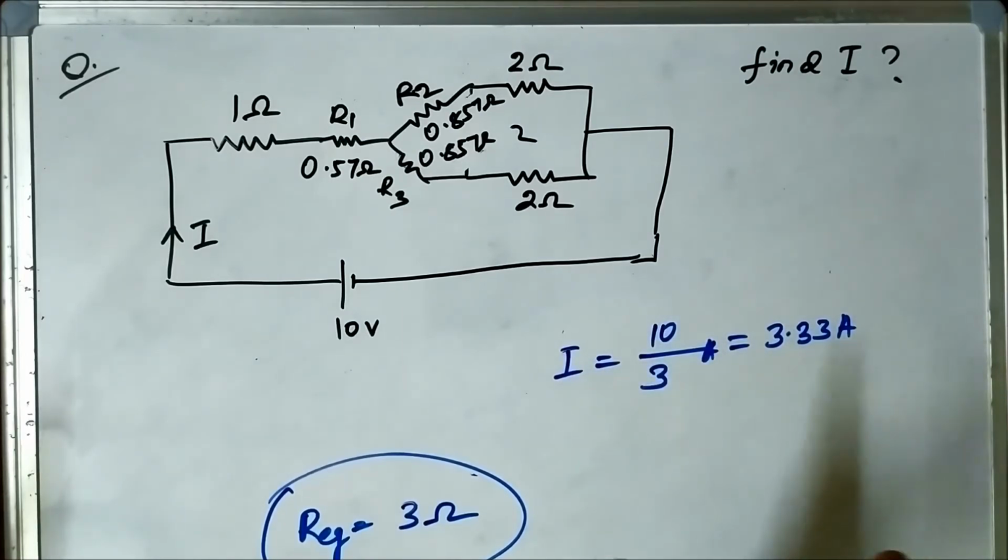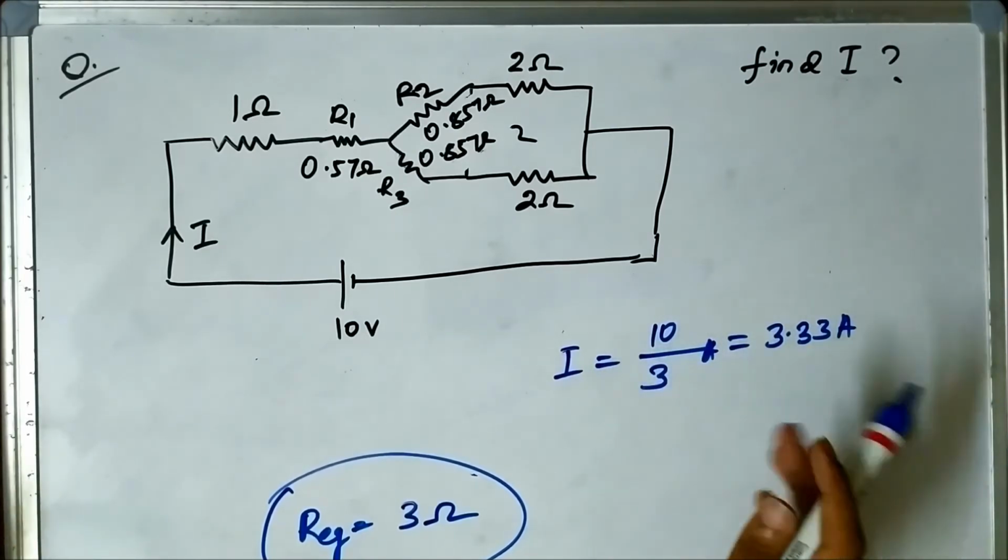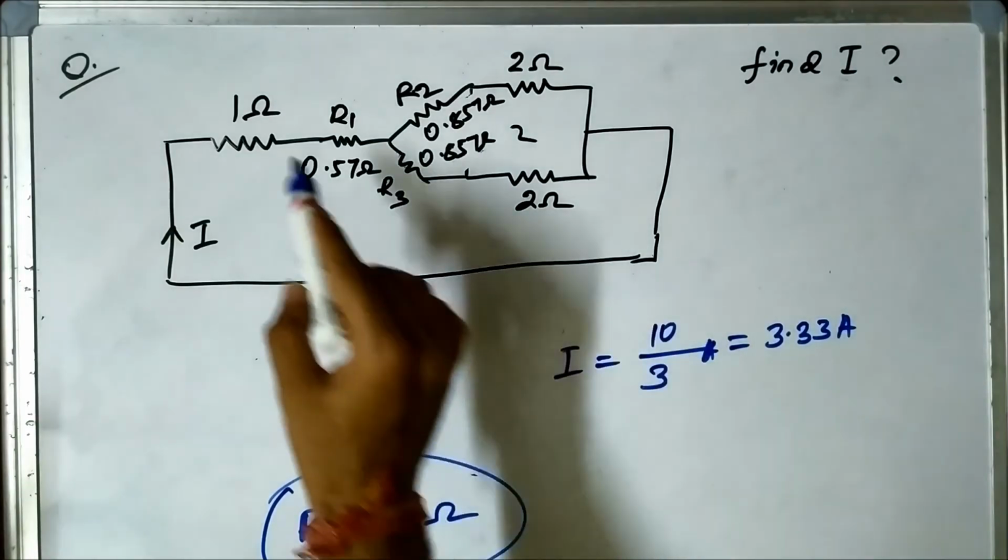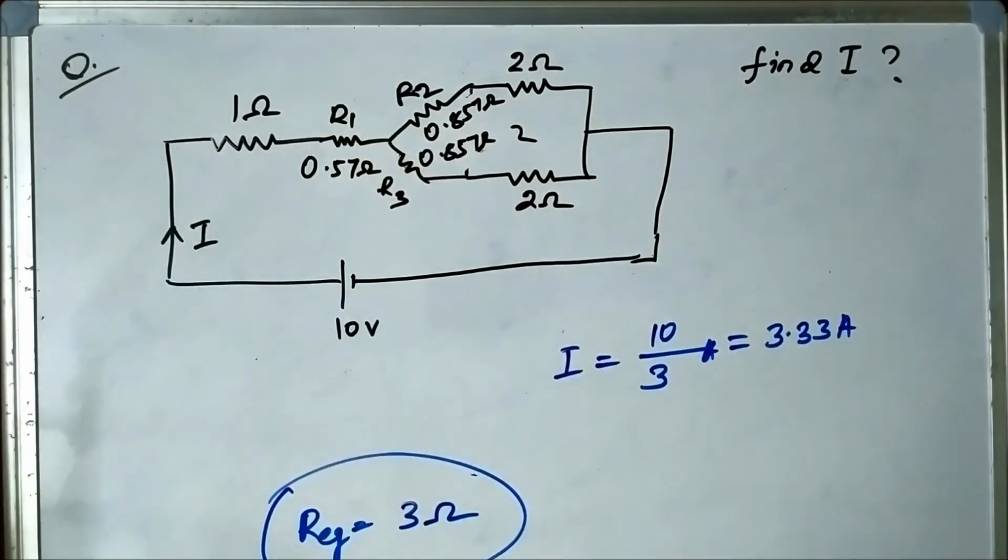Finding the current was easy, but the tricky part was to calculate the equivalent resistance. This is, I think, the third or fourth question related to the delta to star transformation concept which we have studied.